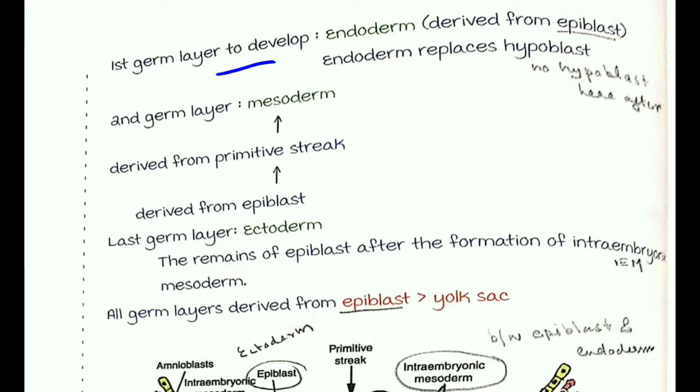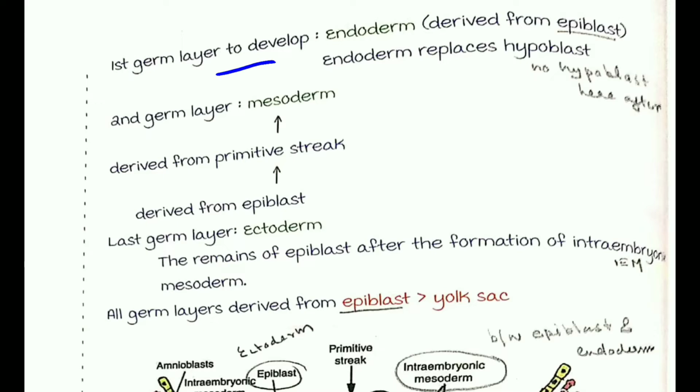Then we have the formation of the second germ layer, the mesoderm, which is derived from the primitive streak, a proliferation of epiblast cells. So even the mesoderm is derived from the epiblast, because the primitive streak is derived from the epiblast. The last germ layer to form is the ectoderm.